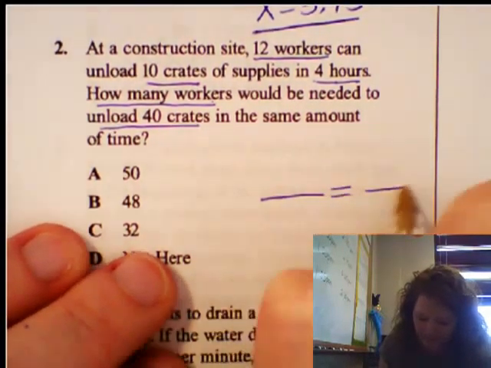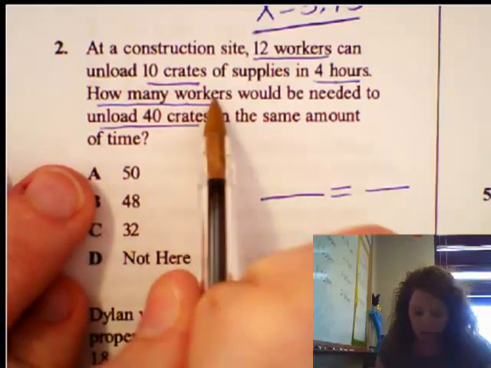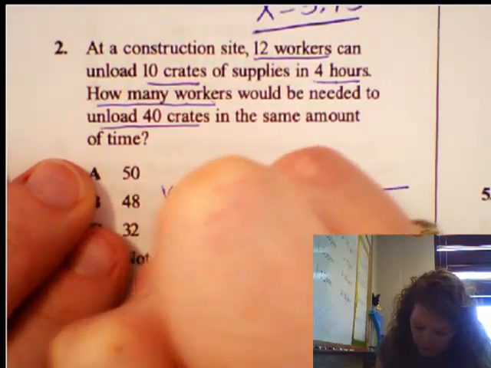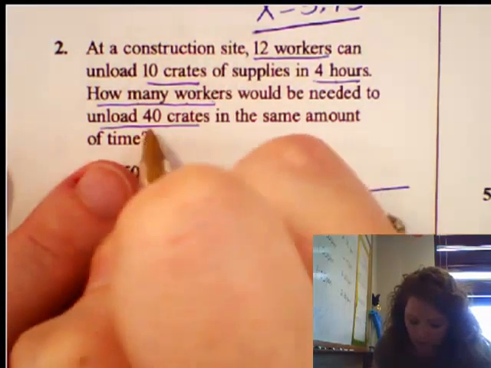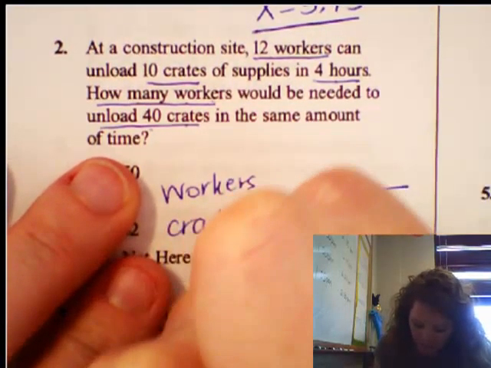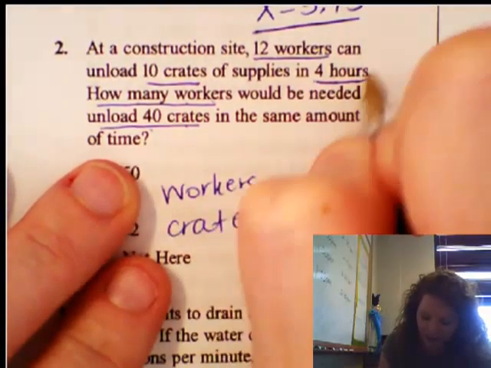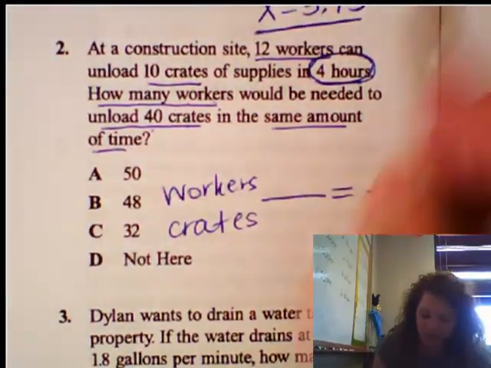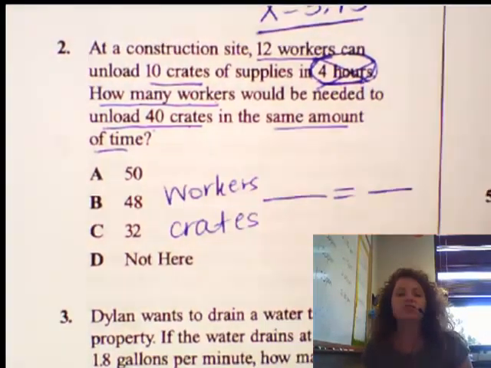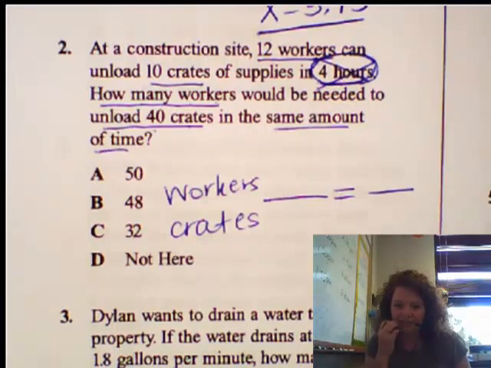So let's check that last sentence again. How many workers, so we're definitely going to need workers in there because that's what we're looking for, would be needed to unload 40 crates, so we're going to have to compare workers and crates. The 4 hours, they said the same amount of time, so that doesn't change, and it actually doesn't have to do with this problem. They're just throwing in another number to try to trick us.